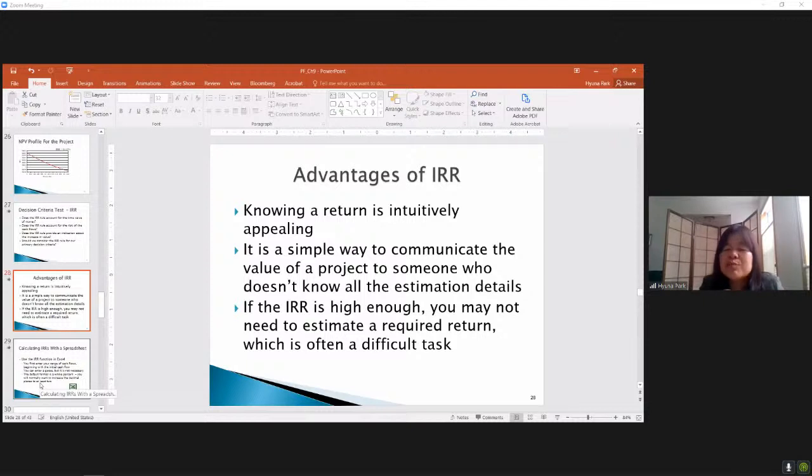It's a very simple way to communicate the value of a project to someone who does not know all the details of financial decision making. If the IRR of a project is high enough, you may not need to worry about estimating the required return, which is a very challenging task. Making it unnecessary is a huge benefit.